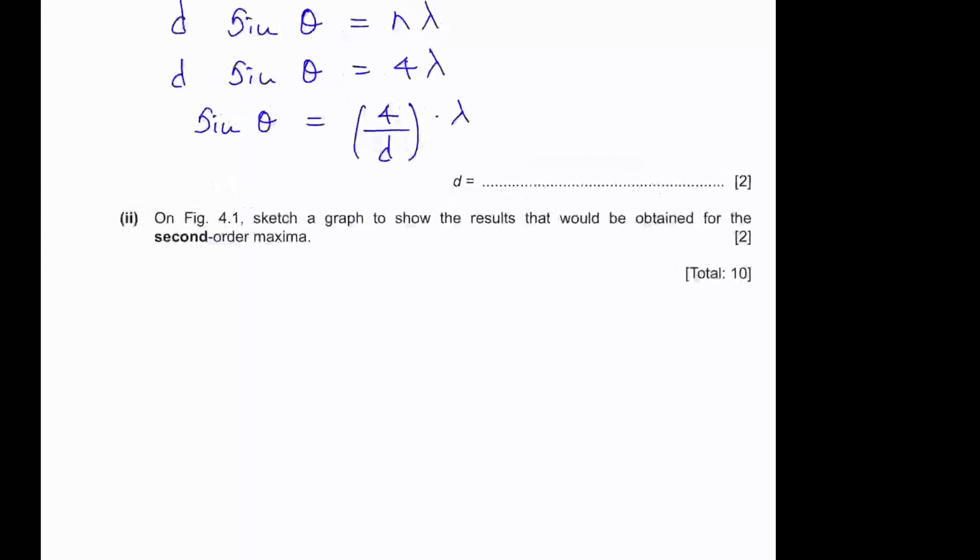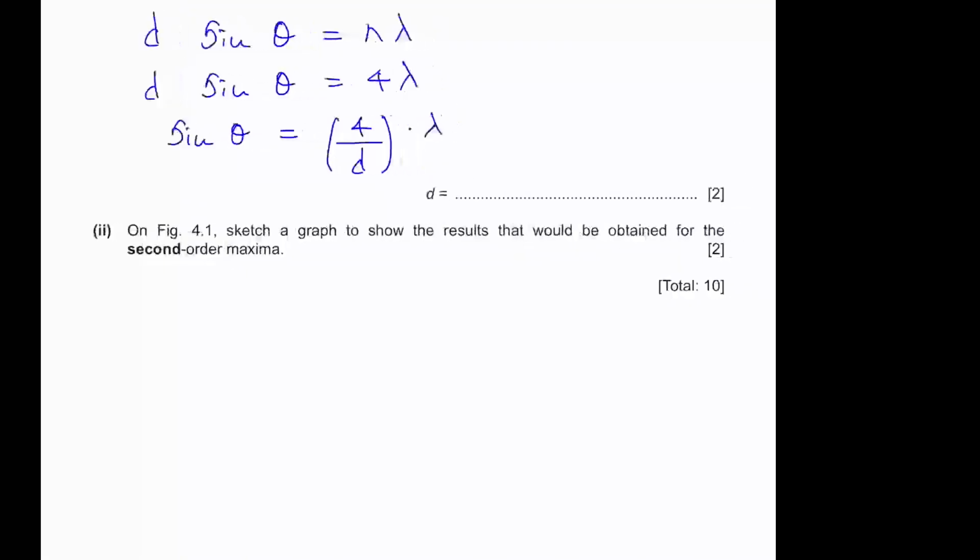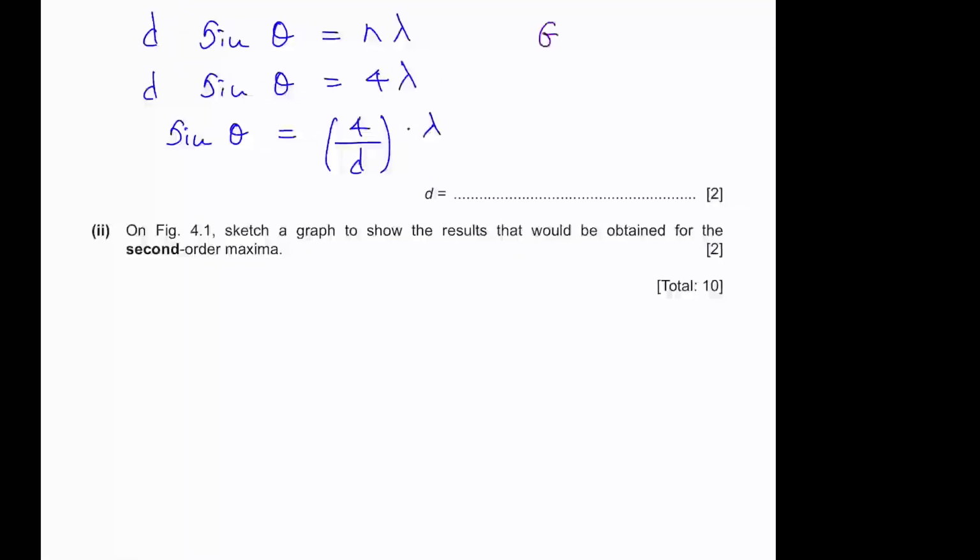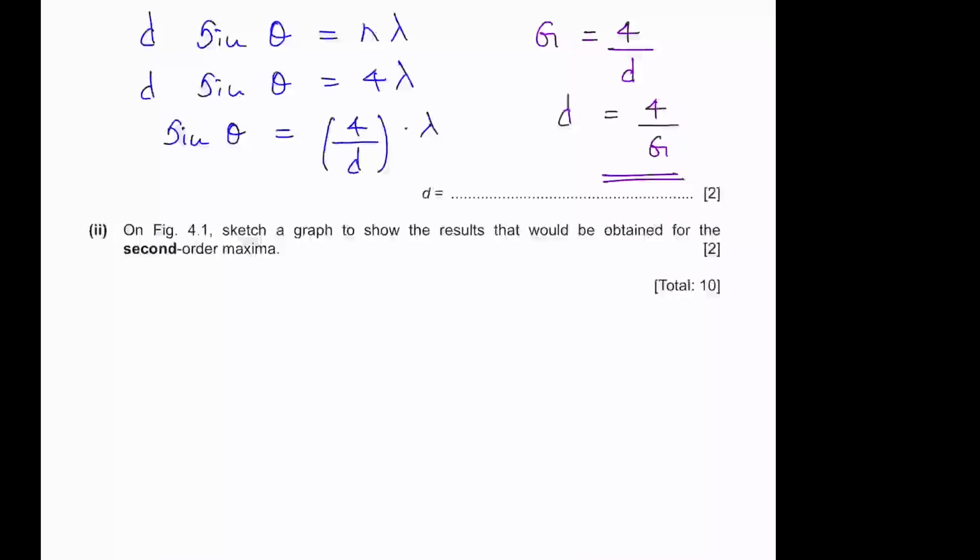Which means the gradient G is equal to 4 over d. But they want an expression for d in terms of the gradient. So d equals 4 over G.